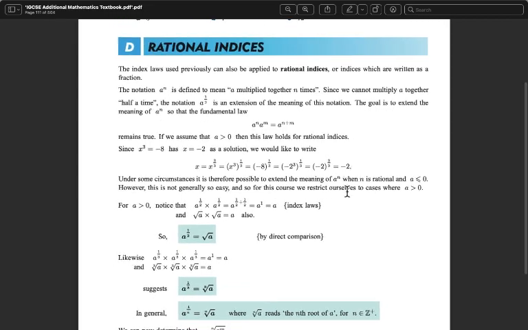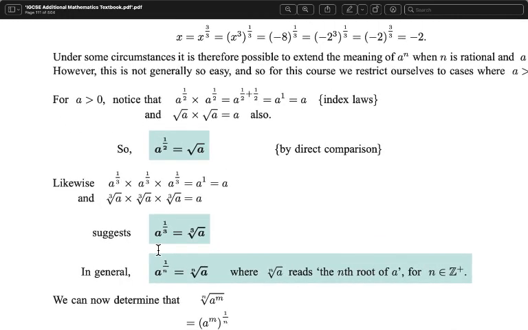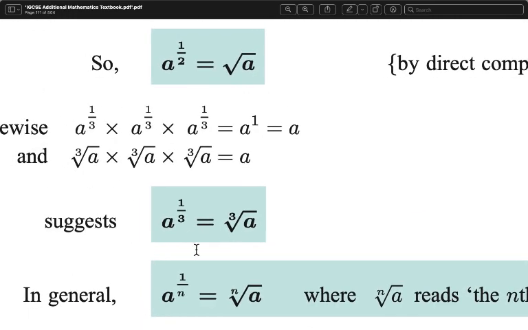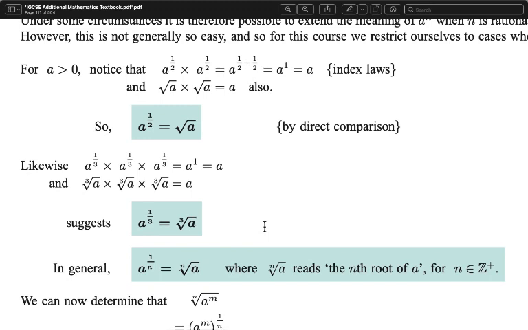Now let's look at the rational indices. So when a is to the power of 1 over 2, it equals the root of a. Likewise, a to the power of 1 over 3 is going to be the third root of a. And in general, a to the power of 1 over any n will equal the nth root of a for any real value.